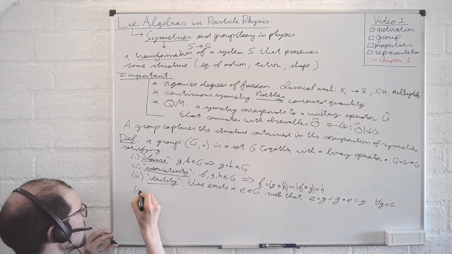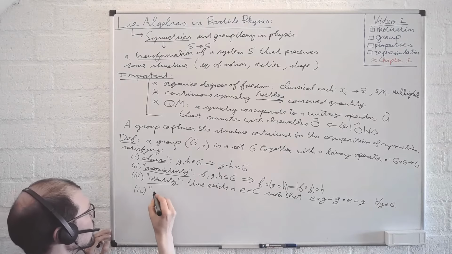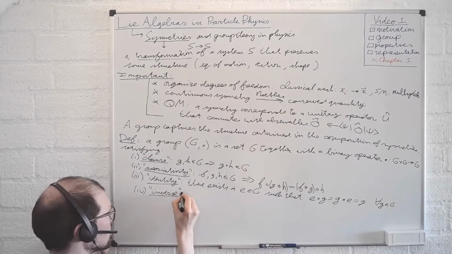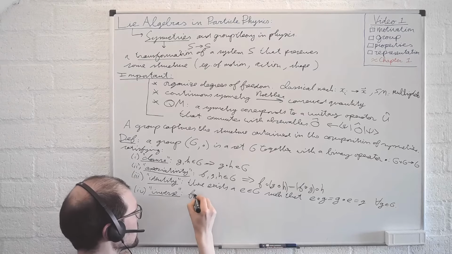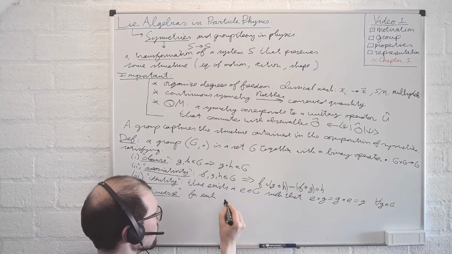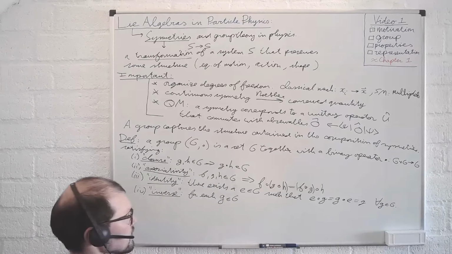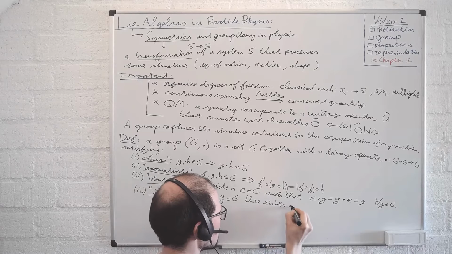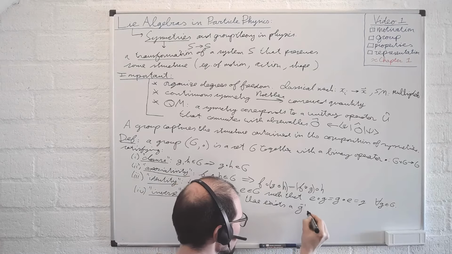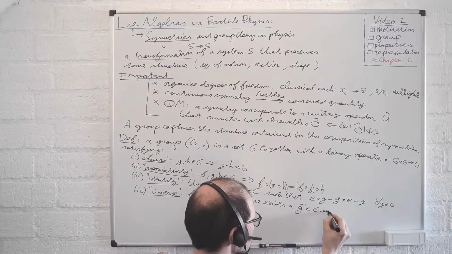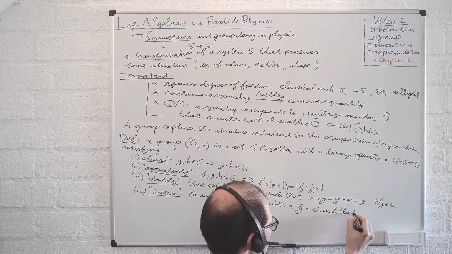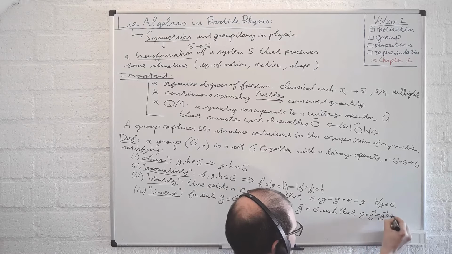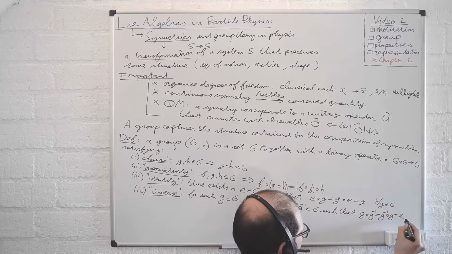And finally, the axiom that we want to have is the inverse, which is saying that for each element G in the group, there exists an element G inverse in the group such that composing G with G inverse in either order gives the identity.